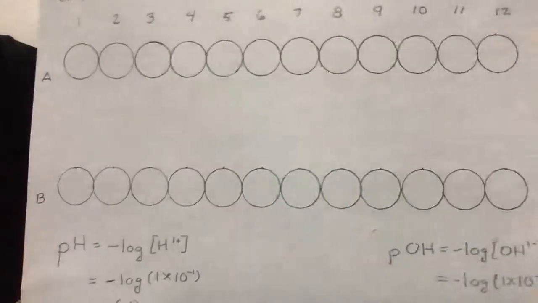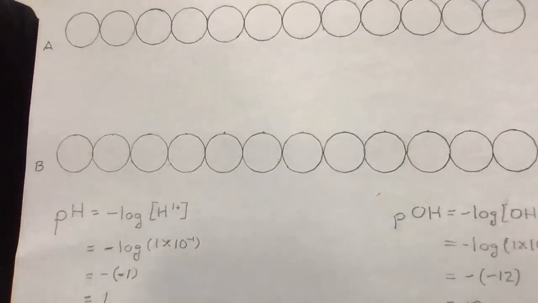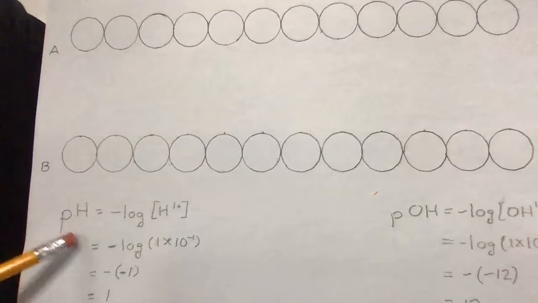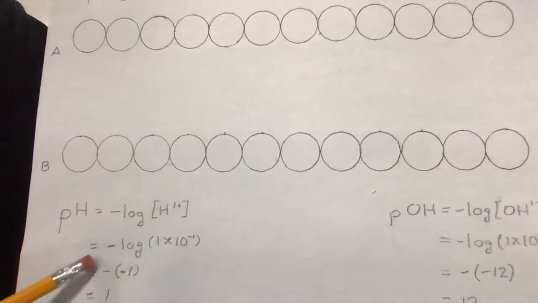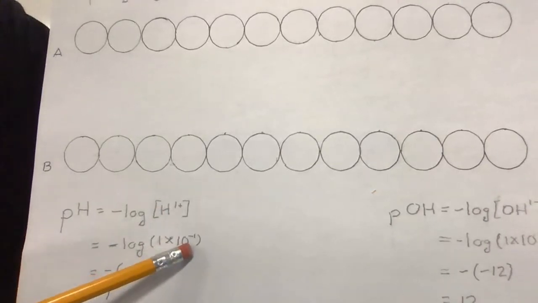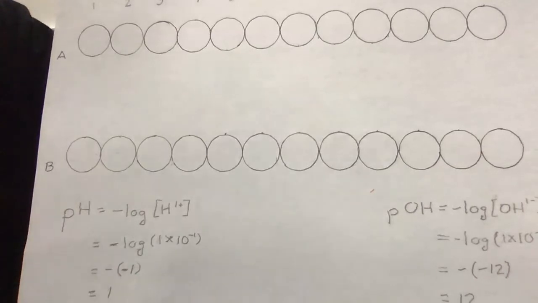So starting with a 1/10 molar solution, and let me tilt this a little bit more for you. Starting with a 1/10 molar solution of HCl, and I'm down here now, that pH is an indication of the concentration of hydrogen ion. So my solution is 1 times 10 to the minus 1, which then translates, when you take the log of it, you use the negative exponent there, bring it up and put it in parentheses.